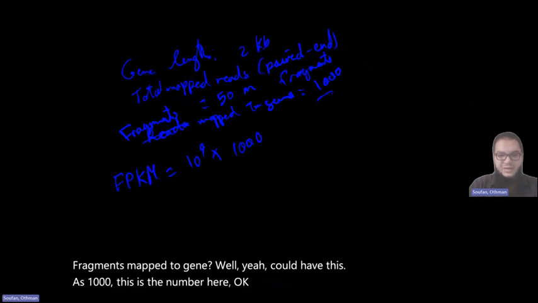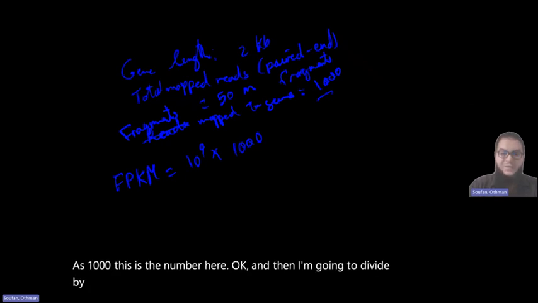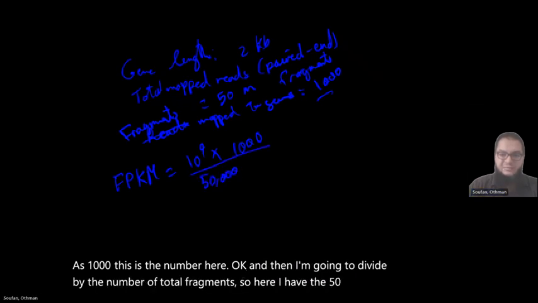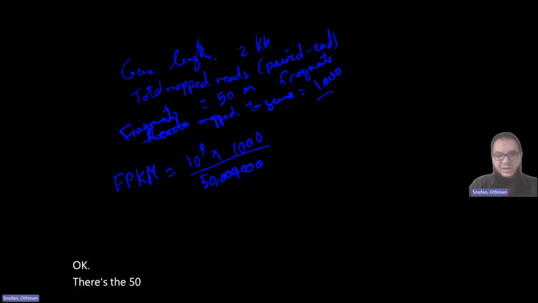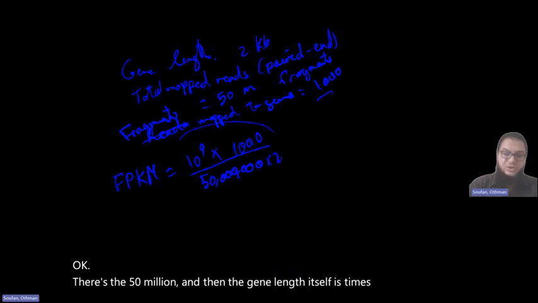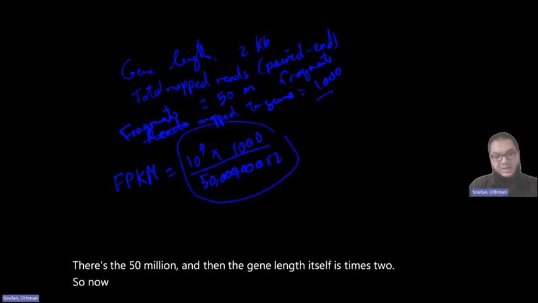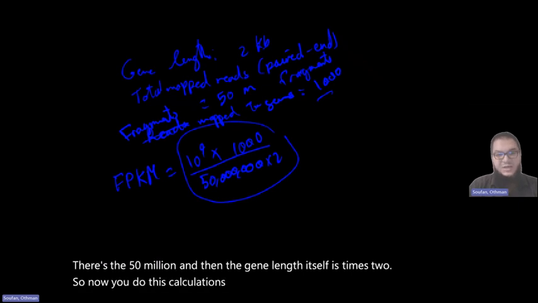And then I'm going to divide by the number of total fragments, so here I have the 50 million, and then the gene length itself, which is 2. So now you do this calculation, and you get this metric.